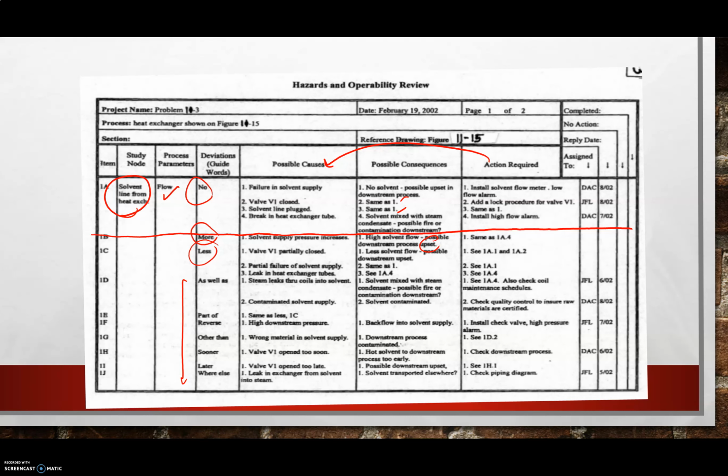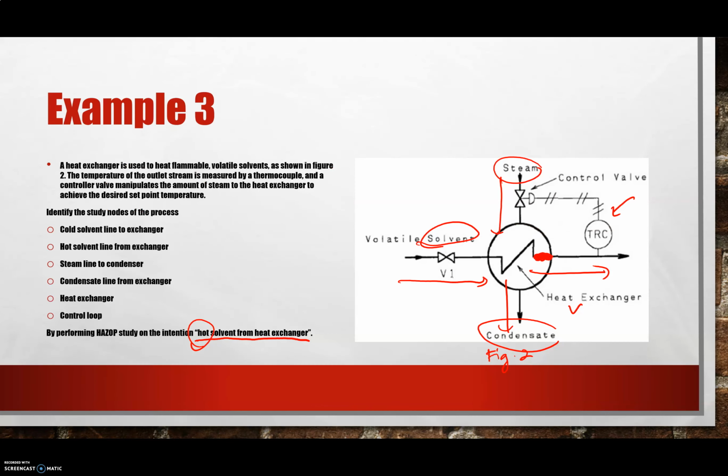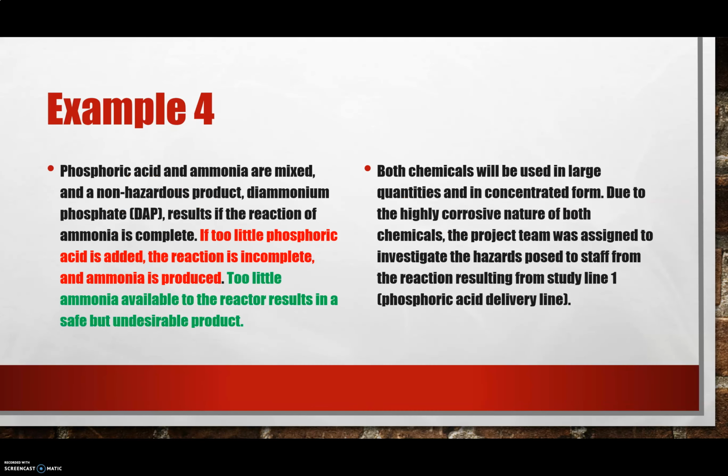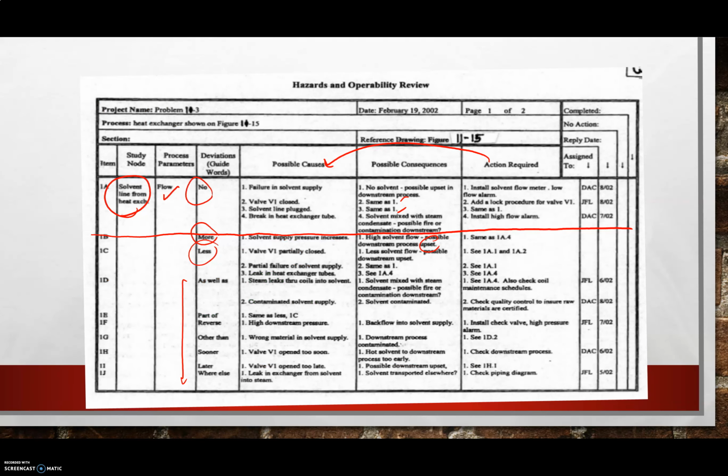So what happens if there is no temperature? Means there is no change of temperature, or maybe there is no heat inside your solvent line. Then you have your possible causes and consequences and so on.